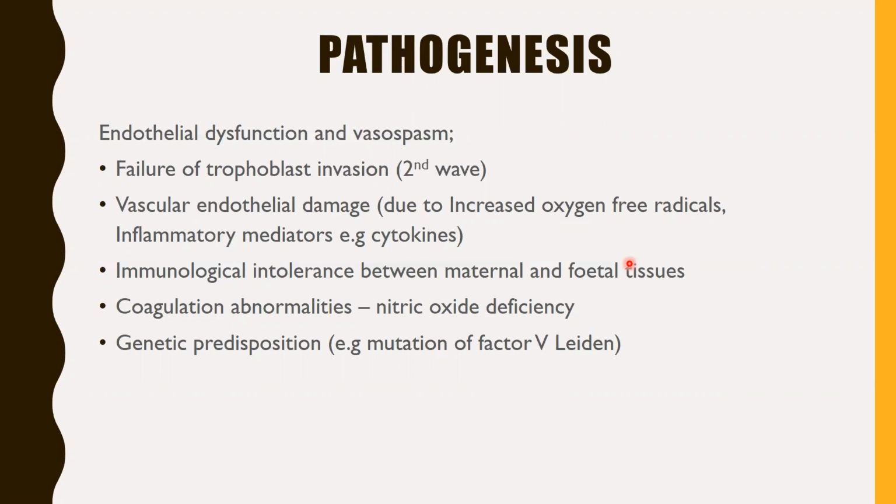And so the nitric oxide deficiency leads to the vessels not being protected, and so they're exposed to the vasoconstriction, because nitric oxide relaxes and dilates the blood vessels, and also prevents aggregation of platelets. And so if this is not present, it will lead to the preeclampsia that we see. And then genetic predisposition, such as the mutation of factor 5, also falls under the coagulation abnormalities.